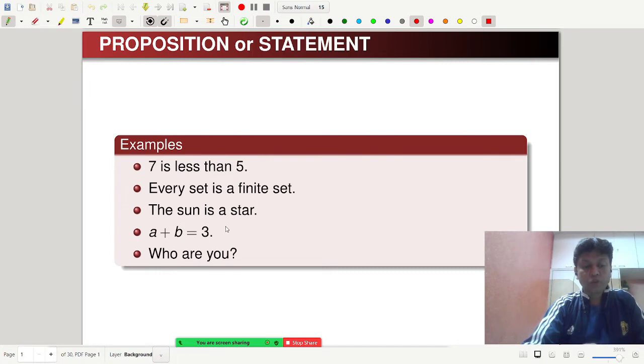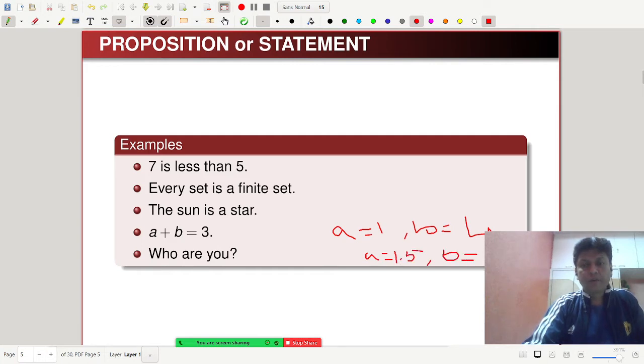It is not a proposition because it is not true if A equals 1 and B equals 4, and it is false there. But it is not false if you take A equals 1.5 and B equals 1.5. So it is not false for these values and it is not true for other values. So it is not a statement.